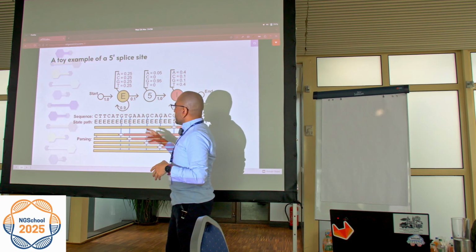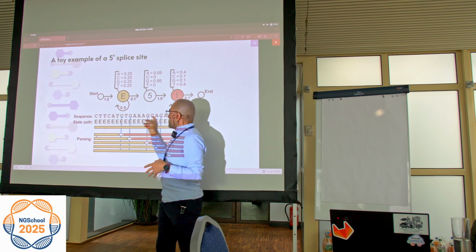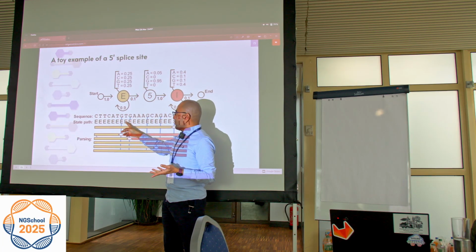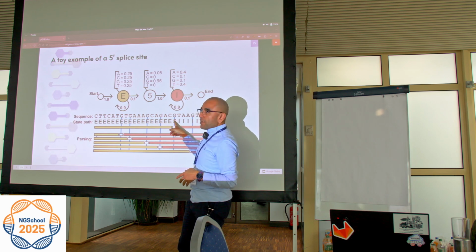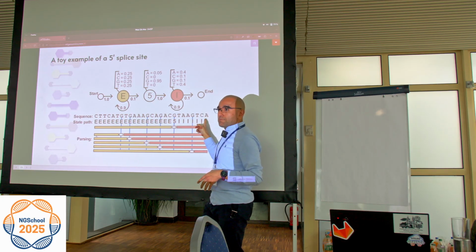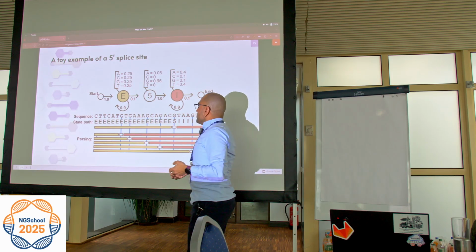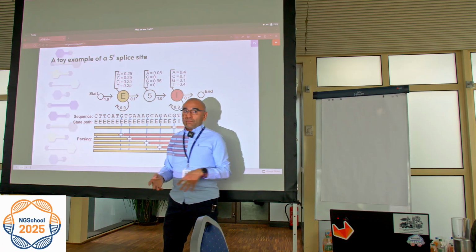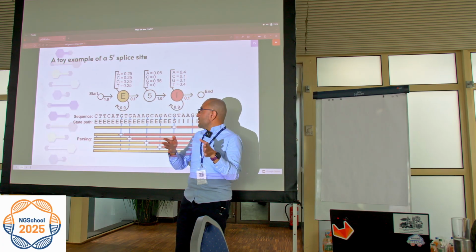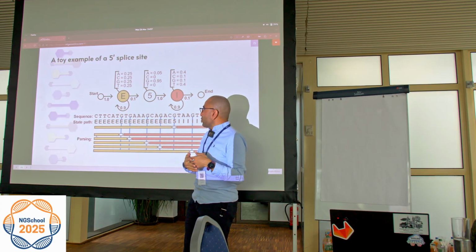So we can describe a hidden Markov model as follows: we have the sequence, and in principle, we don't know whether this is an exonic region or it corresponds to the 5' of a splicing donor, and the next part corresponding to an intron. We can build a hidden Markov model where the transition probability from exon site to exon site is close to 90% because we are expecting most of the sequence to be coding.